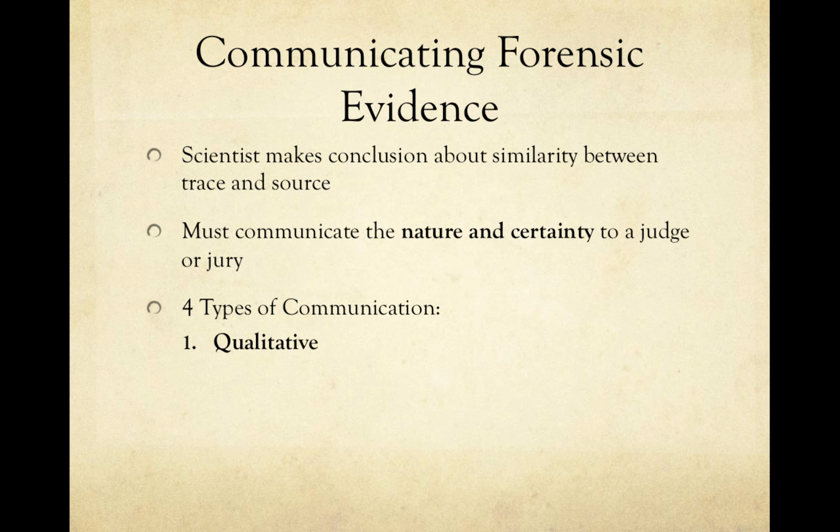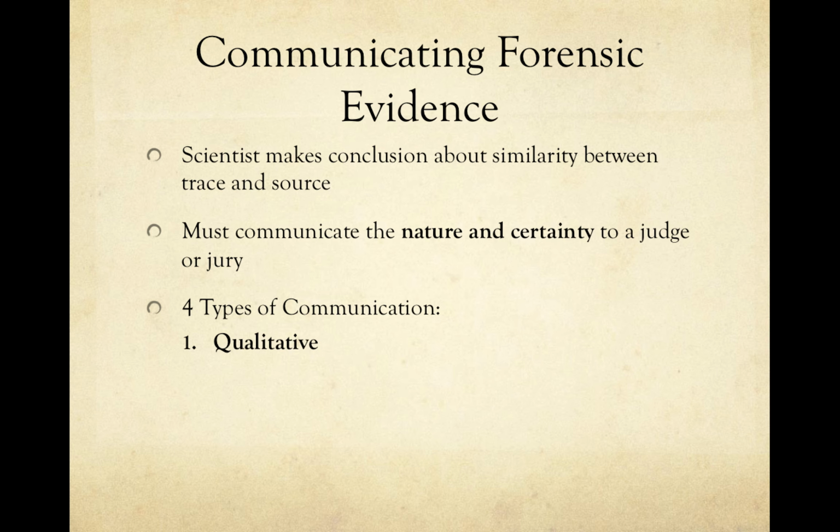The first is qualitative. Qualitative means this is some type of subjective statement, saying things like the match was weak, or the match was moderate, or the match was strong. One example of evidence that might use this type of qualitative statement is bite marks. The forensic examiner is really only told to say things like it was inconclusive, or it's improbable, or it's possible, or probable.